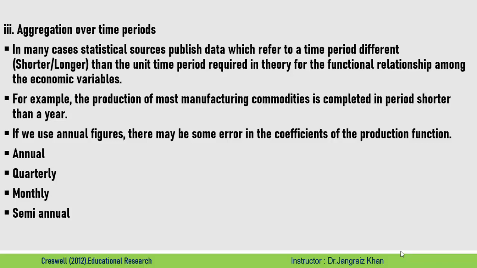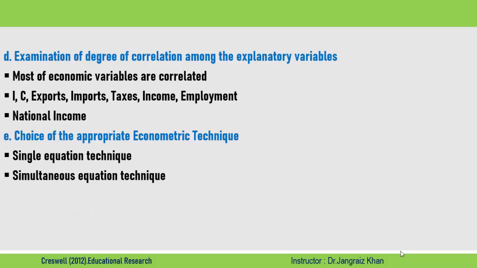In that case, we aggregate the data to transform it into annual data, or monthly data into quarterly data, or daily data into monthly data. So all this is aggregation, and care should be taken when aggregating the observations.